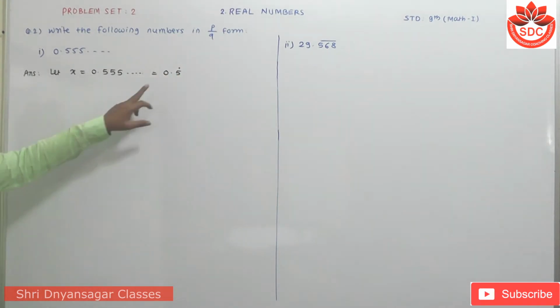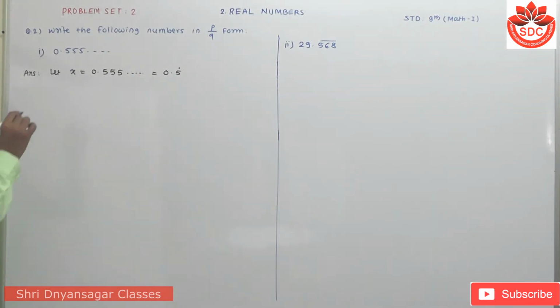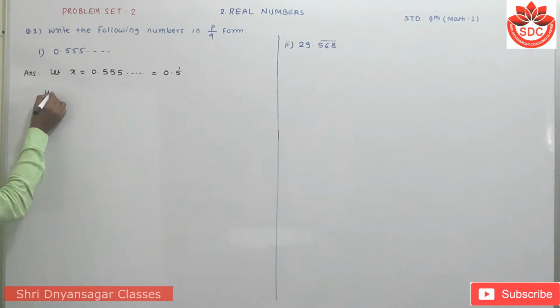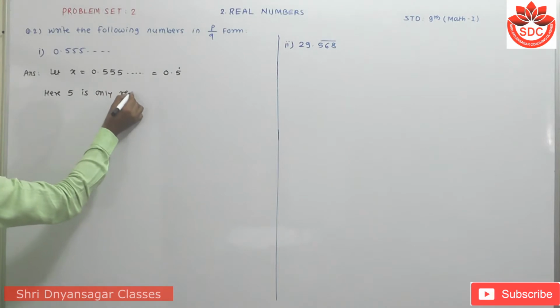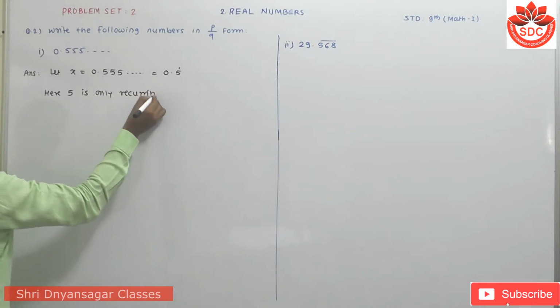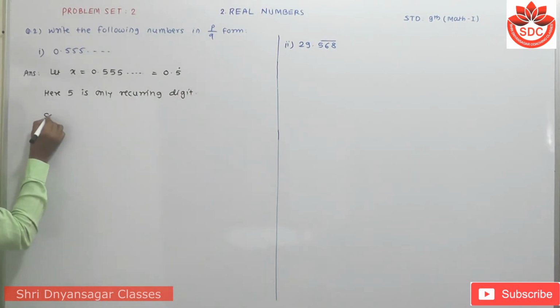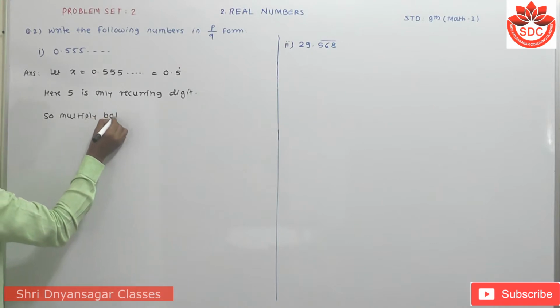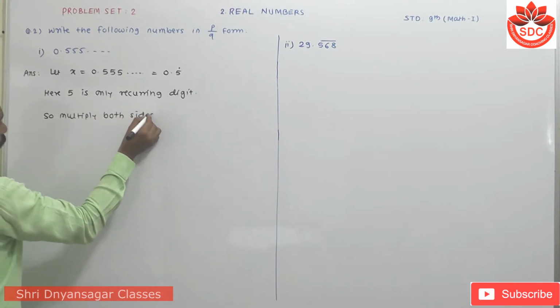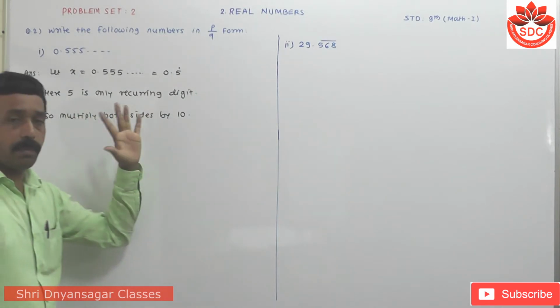Here only one digit, 5, is recurring, so you have to write that 5 is the only recurring digit. So multiply both sides by 10. If there is one recurring digit, you have to multiply by 10.